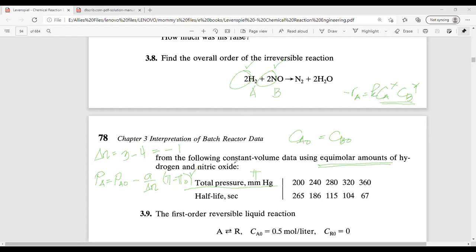So now you know that you have delta n and you have a, and you have the different pi's in here, the different pi's corresponding to the half-life in seconds, and you have the pi sub o. Now you may ask me, what about the pi sub o? I'll give you a hint: the pi sub o is connected to the pAo. The pAo, again, is connected to this.